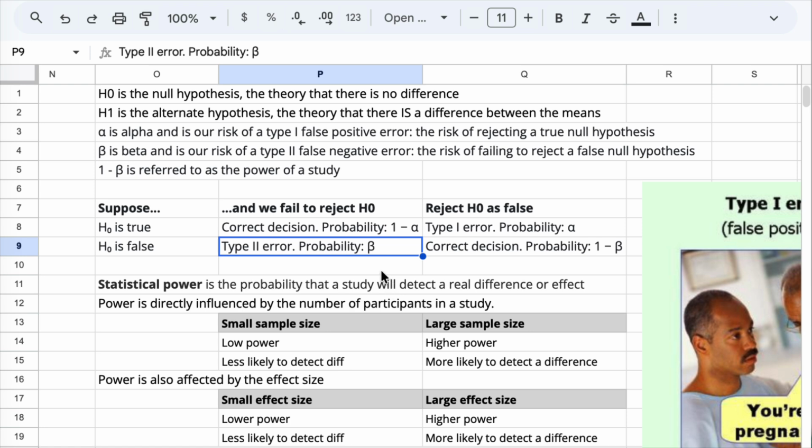I hope this helps. There's a lot of statistics underneath this week's problem. So see what you can do with it, and try to remember these two basic types of errors, false positives and false negatives.